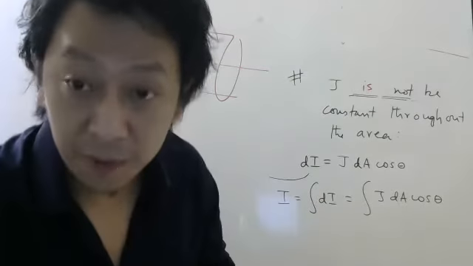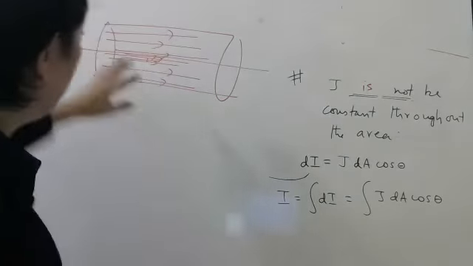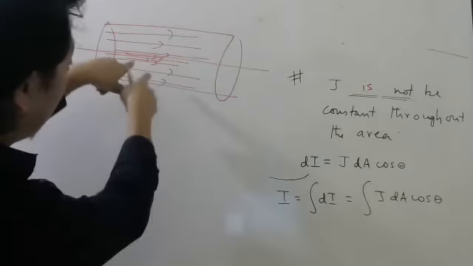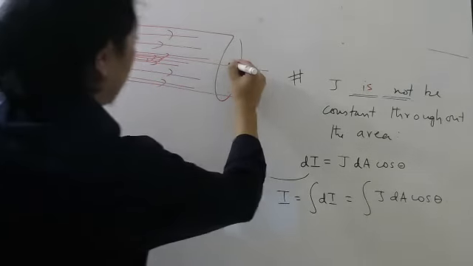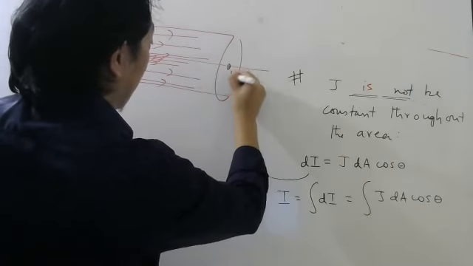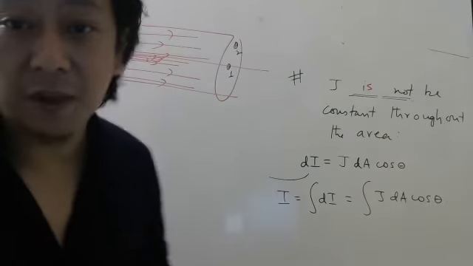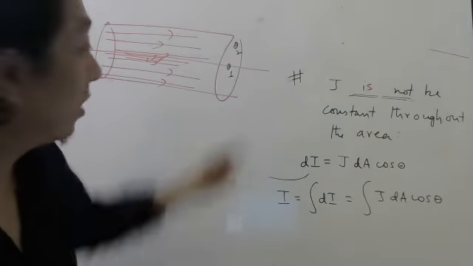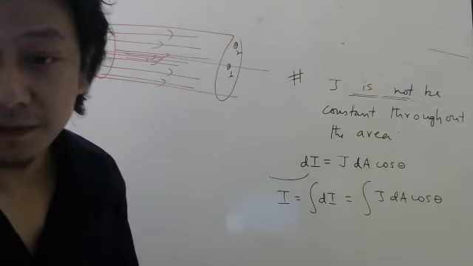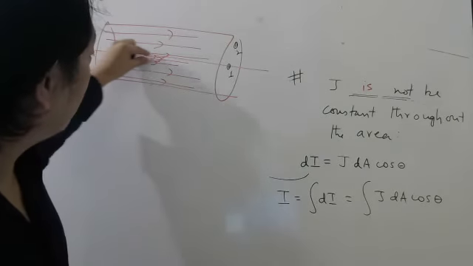In later chapters, we will be studying those things. If I take this area number 1 and this area number 2, where is more current coming out? Number 1 or number 2, if electrons are concentrated here?